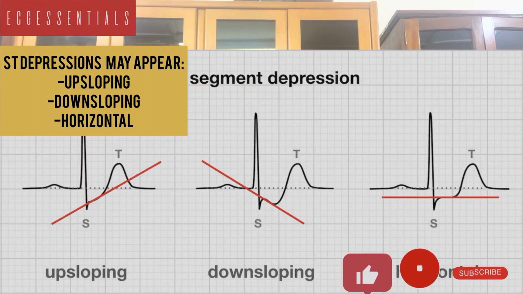In like manner, ST depressions, just like the ST elevations, may be concave shaped, convex shaped, or even obliquely straight. The ST depressions may also appear upsloping, downsloping, or sometimes even horizontal.